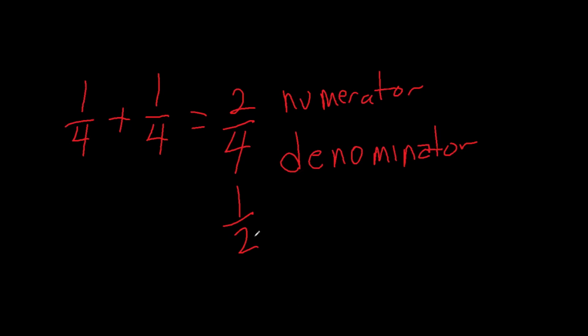We can do another one really quick. Let's slide this down. What if you had 1/4 plus 3/4? Now, when you're adding fractions, your denominator has to be the same.